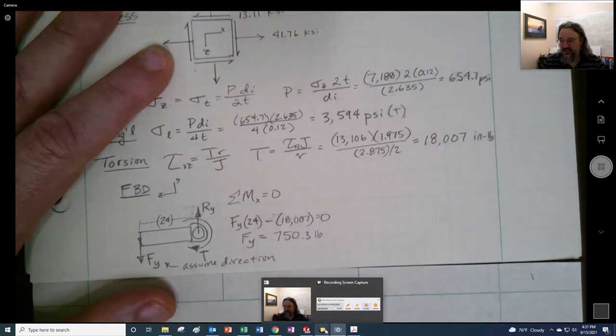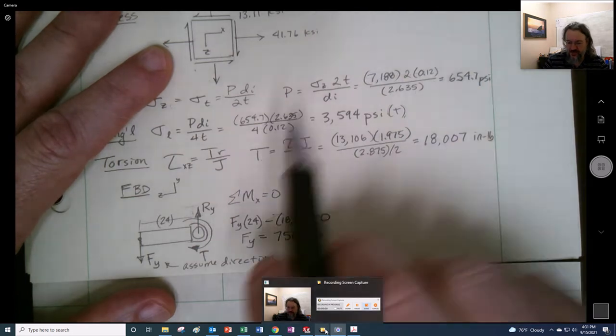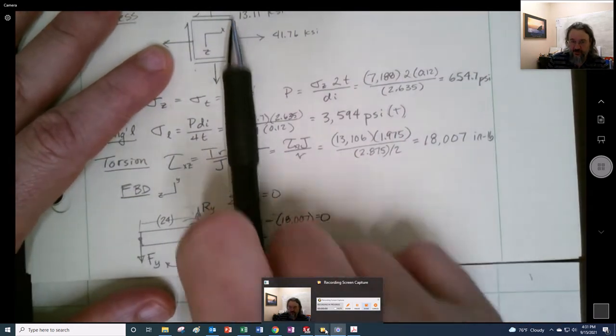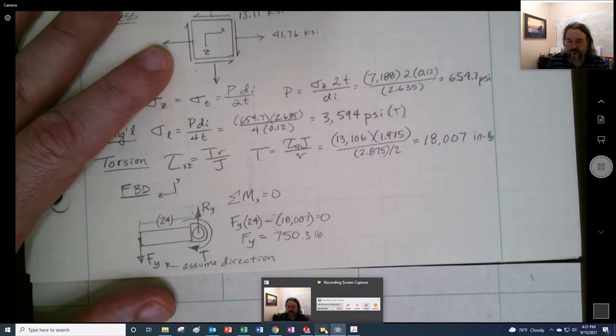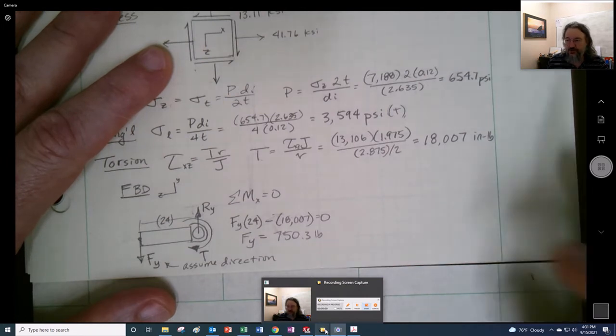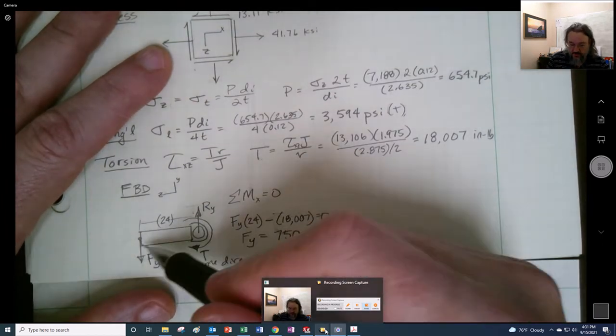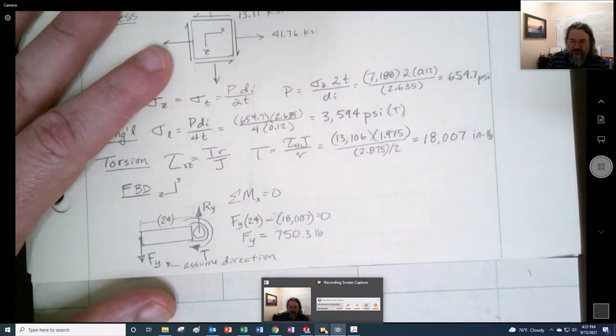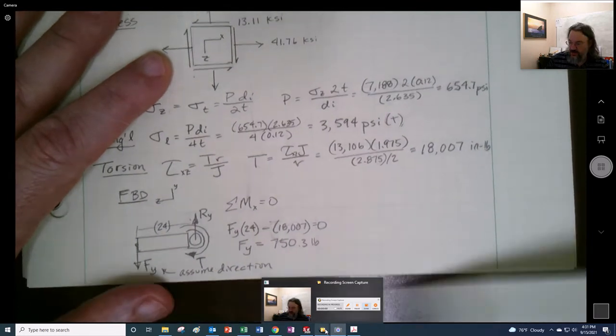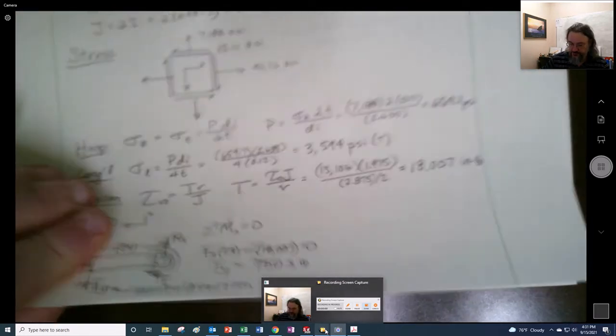Based on the strains, I would have said that it was going up this way. But I think we could later figure out that it has to be downwards in order to cause tension in bending. So I assume that the direction is downwards. We'll find out in a second because we have tension for bending.